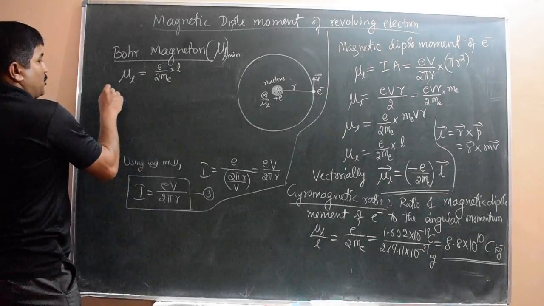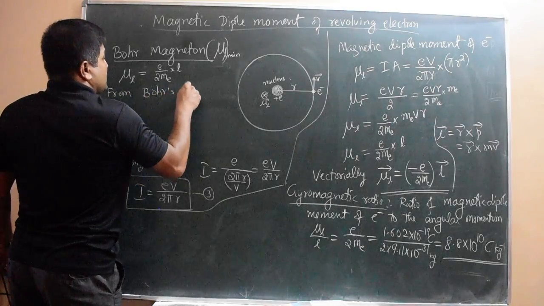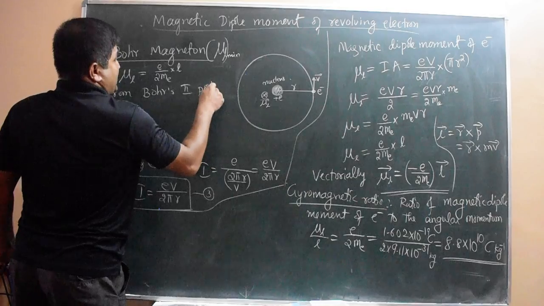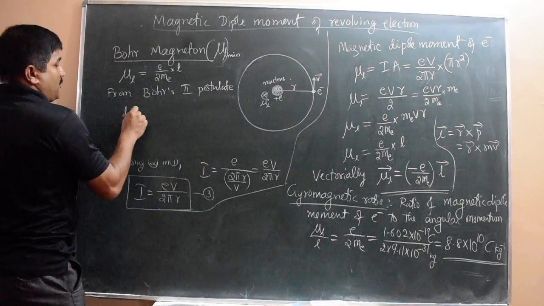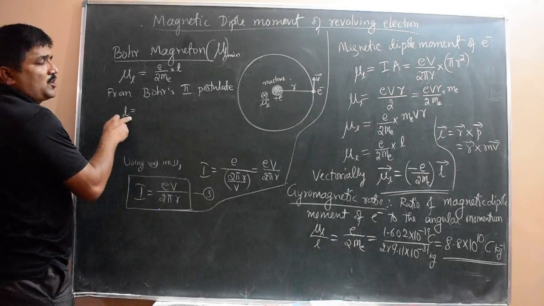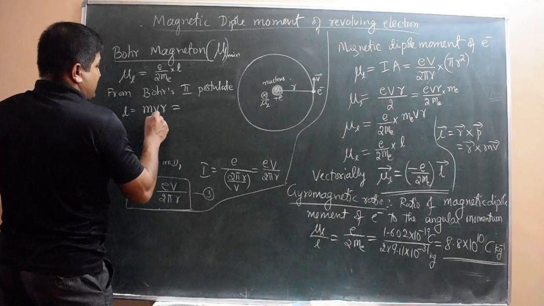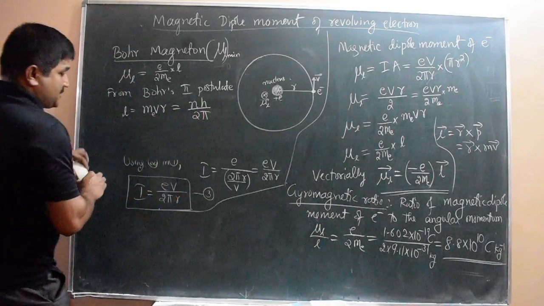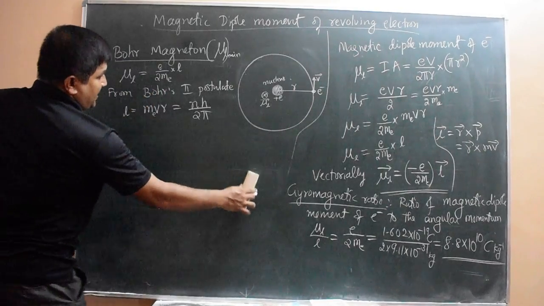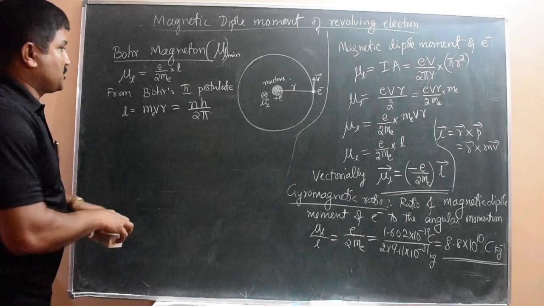Now from Bohr's second postulate of quantization, we know that the angular momentum of the electron, L equal to mevr, is nh by 2 pi. This we can recall from chemistry, where you studied Bohr's second postulate.